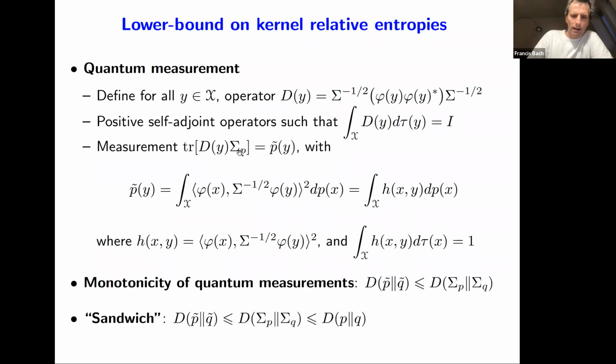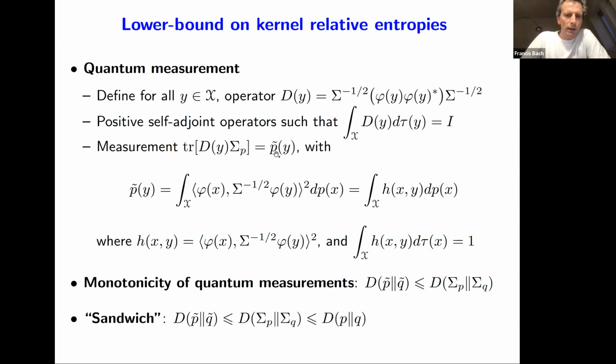This inequality is just the monotonicity of quantum measurements. Whenever you measure, you reduce information. Okay, this is similar to regular information theory. So here the difficulty is: what is a measurement? You need to have a specific assumption being satisfied, and this is one of them.